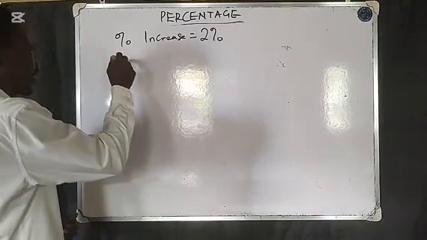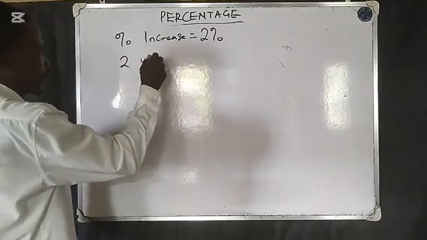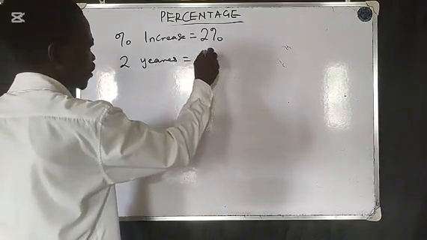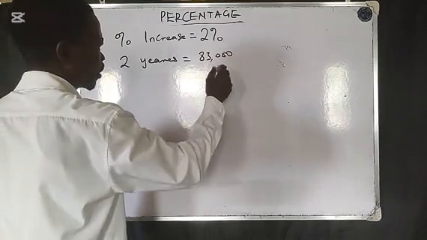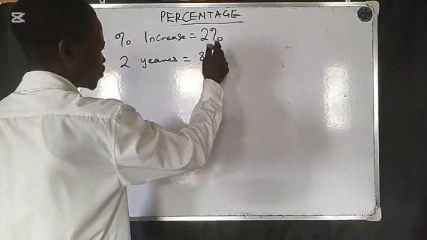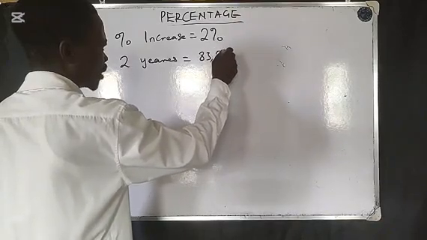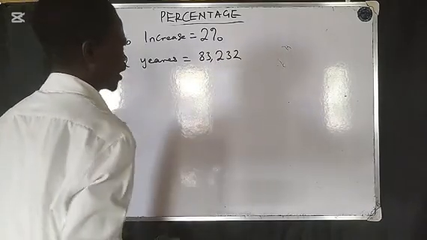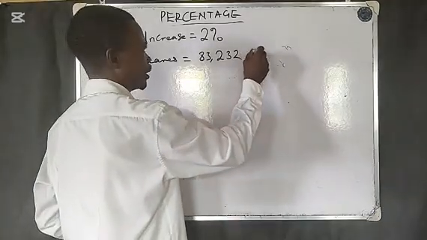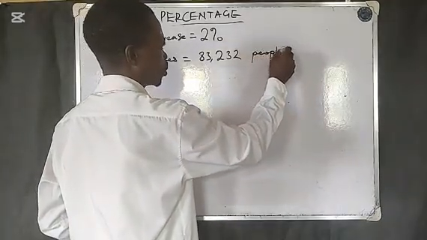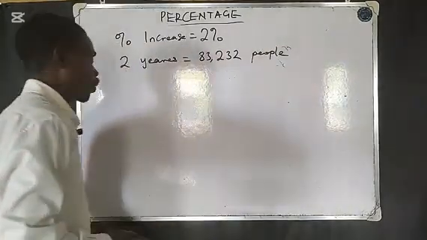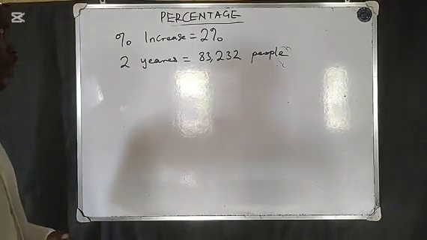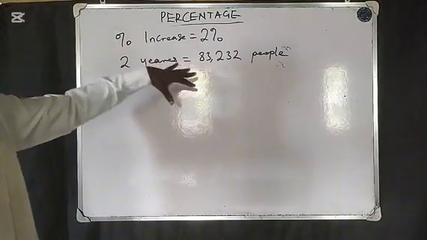After 2 years, the population is 83,232. These are the people in the country, right? This is after 2 years, right?